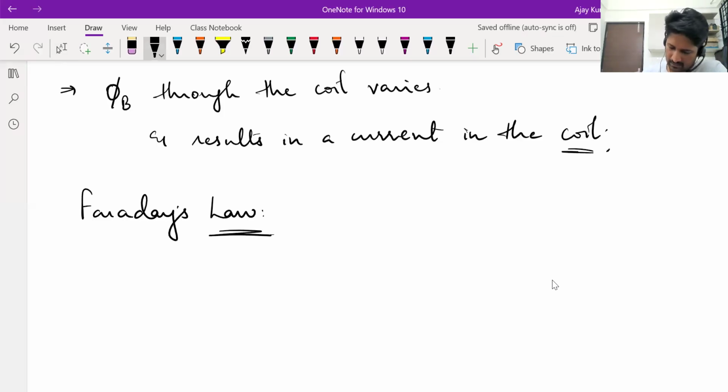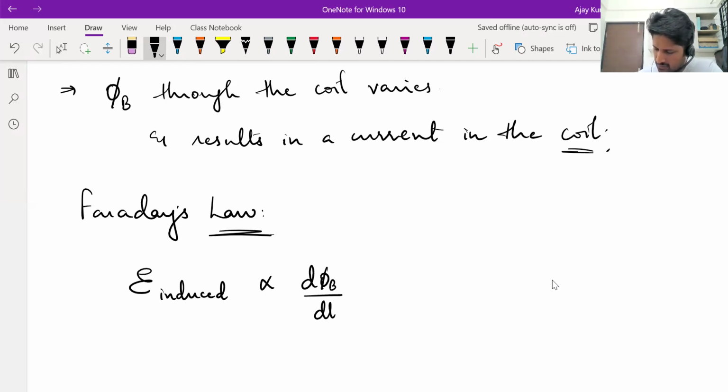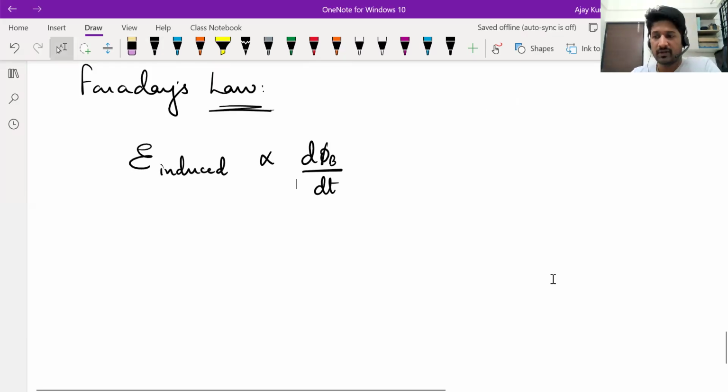And he said that the EMF induced in a loop or in a coil when the magnetic flux varies is proportional to the rate of change of magnetic flux through the coil. E is proportional to d phi by dt. So the faster the rate of change of flux, whether it is increasing or decreasing, the greater the induced EMF.